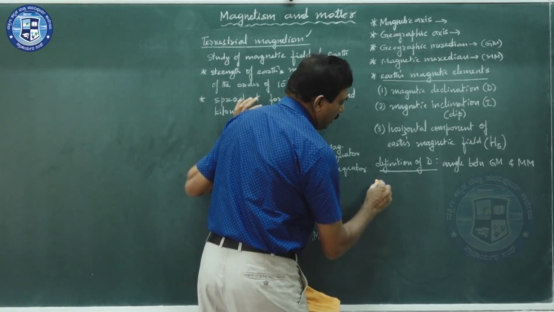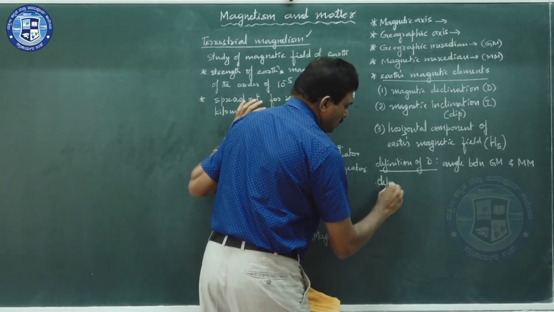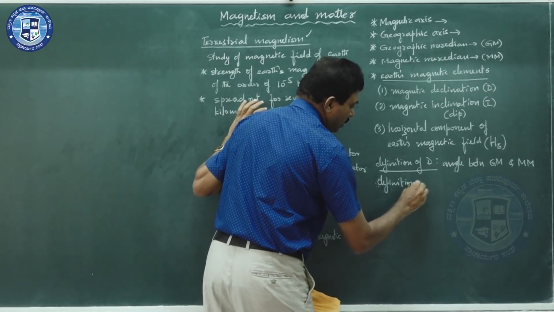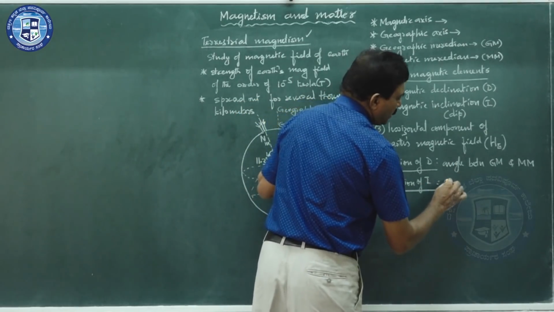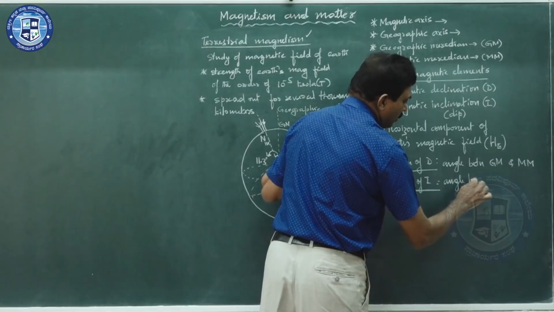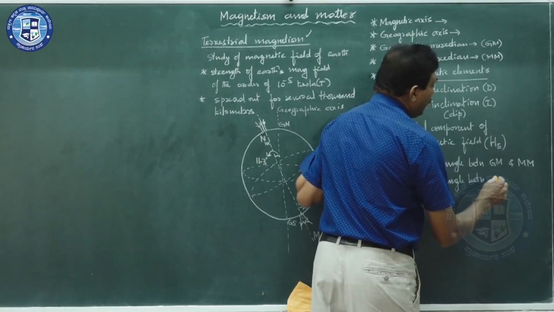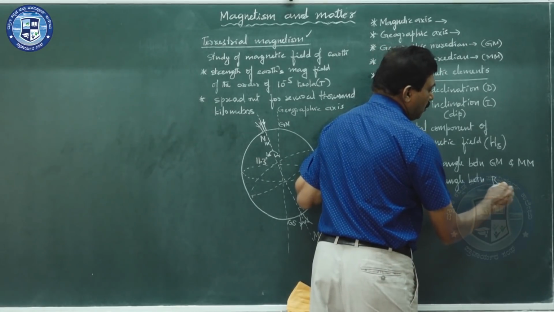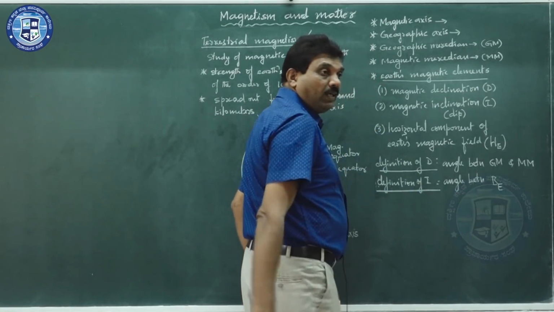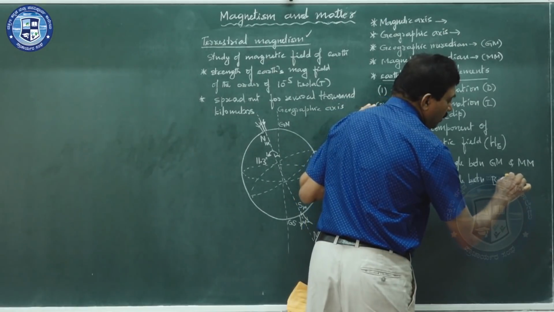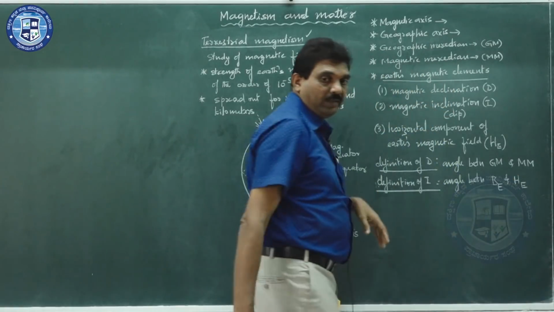Then what is inclination? Definition of inclination. Inclination is the angle between the total magnetic field of the earth, I am considering BE, and the horizontal component of Earth's magnetic field.